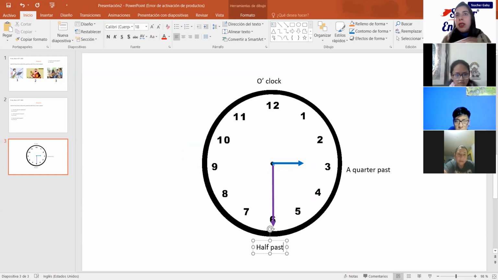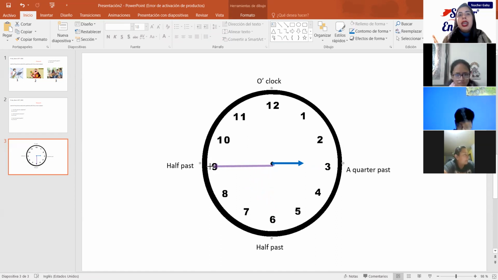That means que ha pasado la mitad. And the other phrase that you can see here is when the long hand is at the number 9. In this case, we are going to say quarter to. In this phrase, you say past, and in that part, you are going to say to.